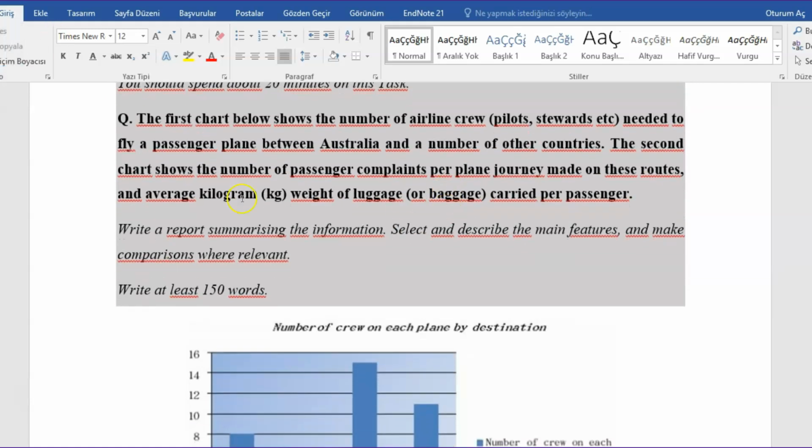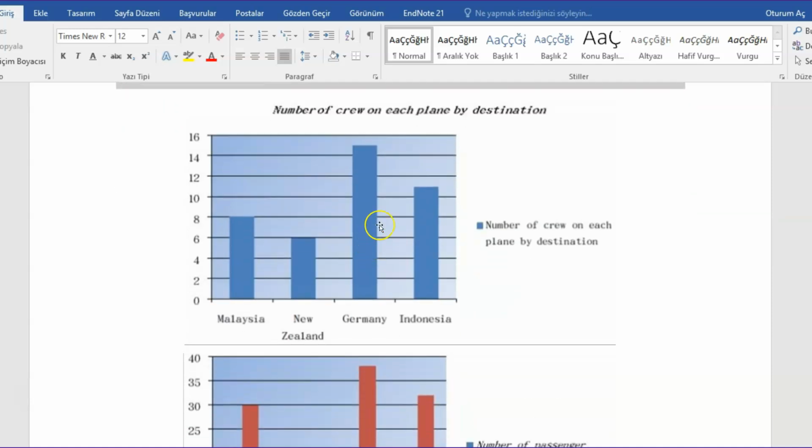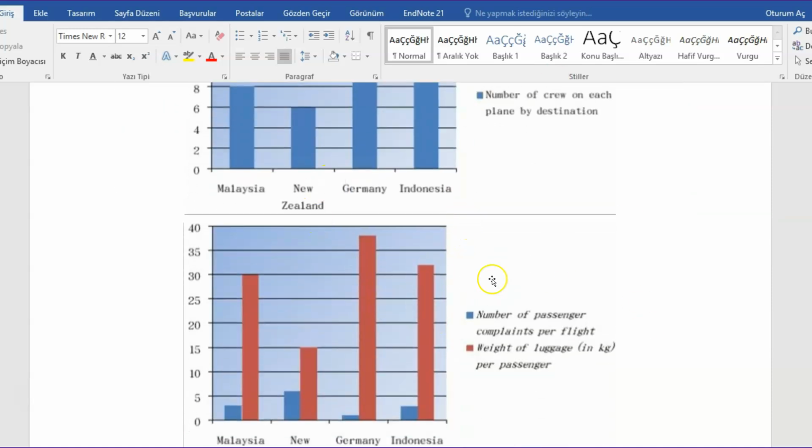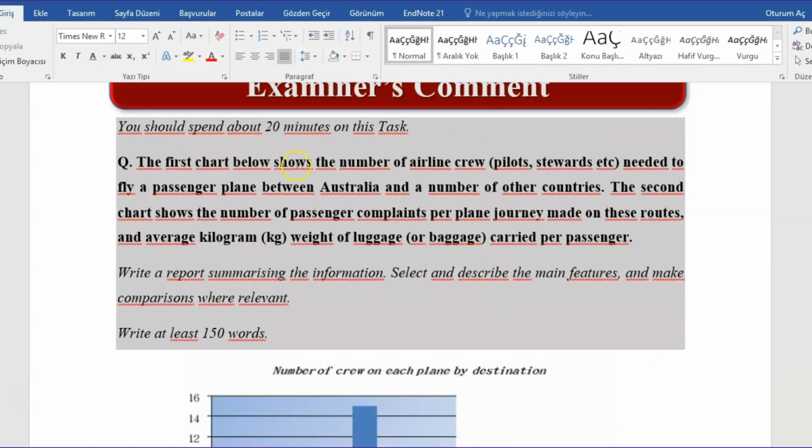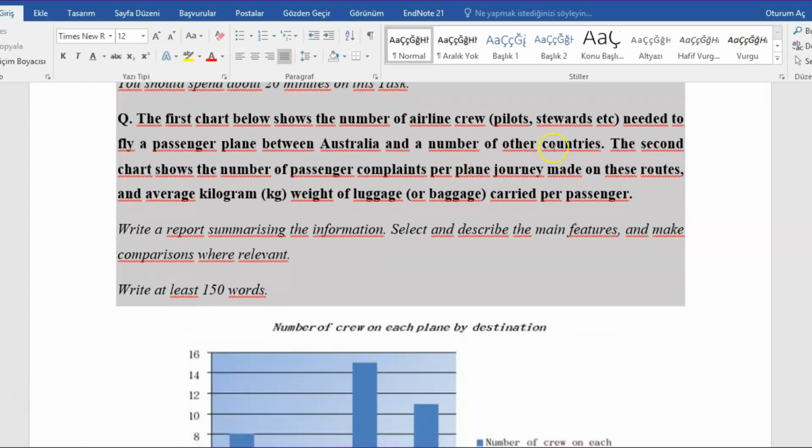Our question here is: the first chart below shows, pay attention, we have chart 1 and chart 2, okay? The first shows the number of airline crew, pilots, stewards, needed to fly a passenger plane between Australia and a number of other countries.